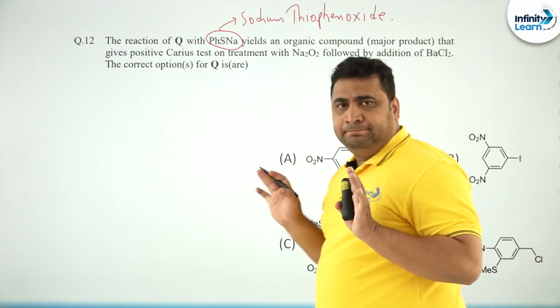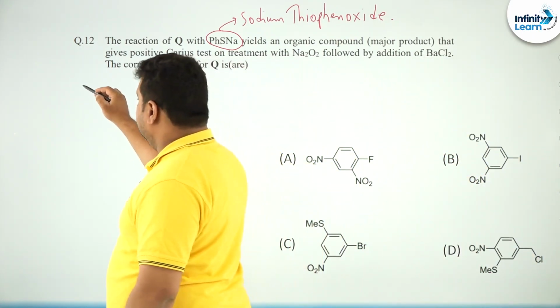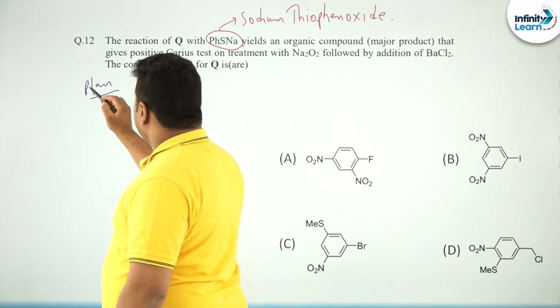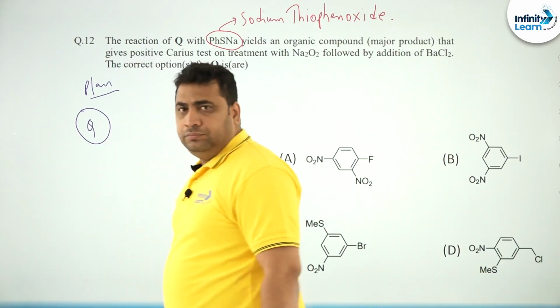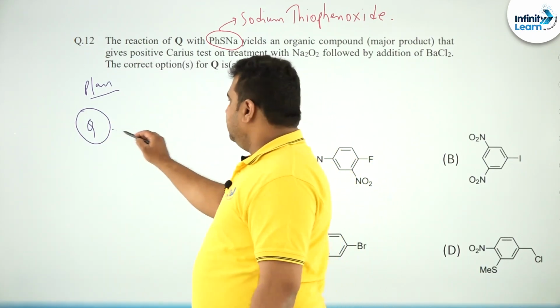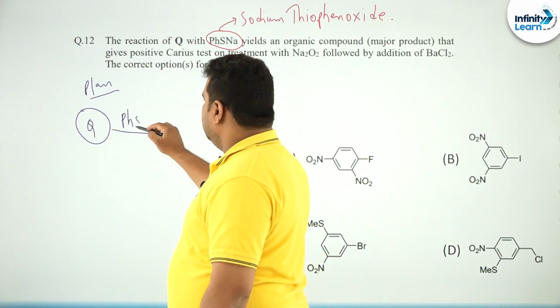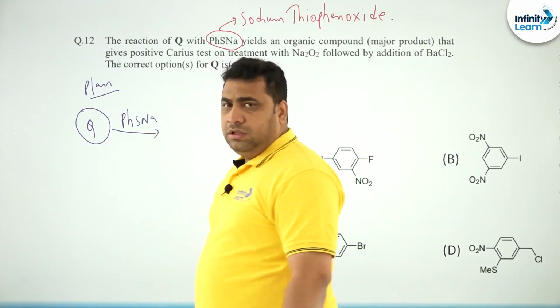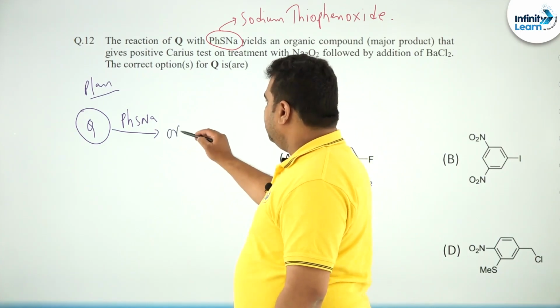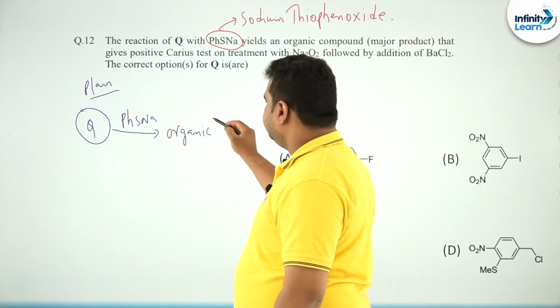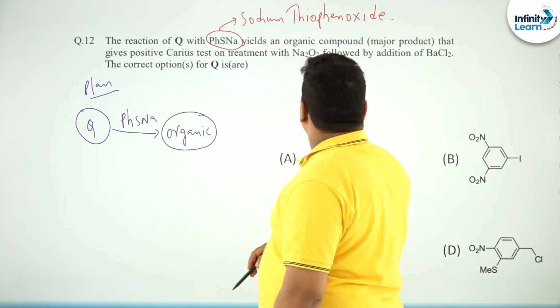Okay. So let us plan first. He is saying that there is the reaction of Q. So there is a compound called Q. Then you are reacting with the sodium thiophenoxide compound and it yields an organic compound. Okay, one organic compound is coming. Correct?